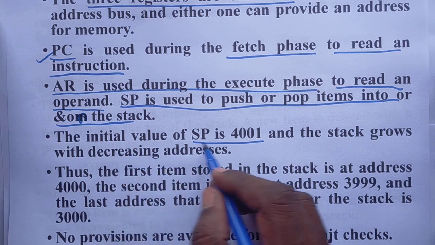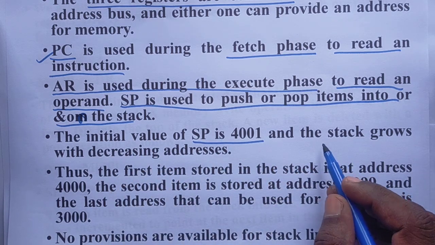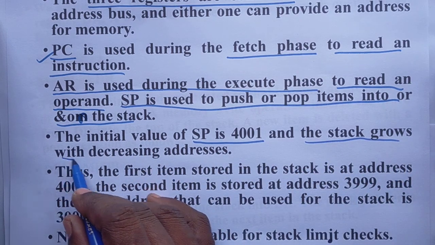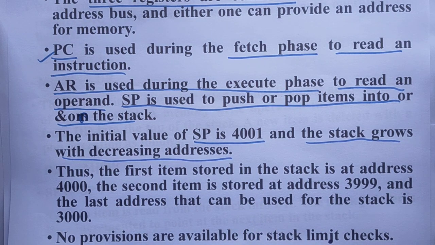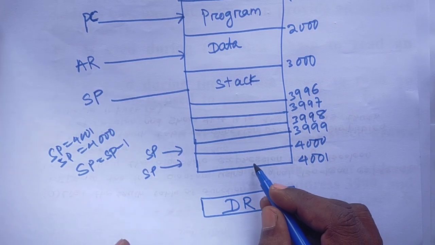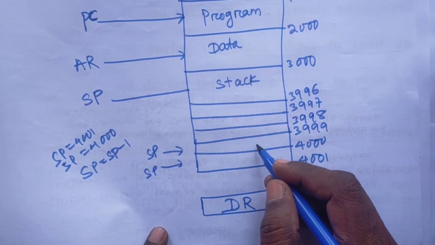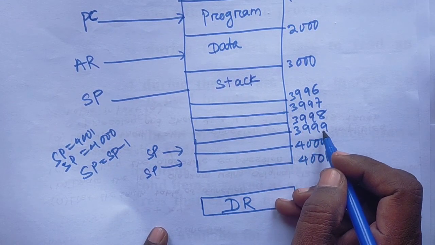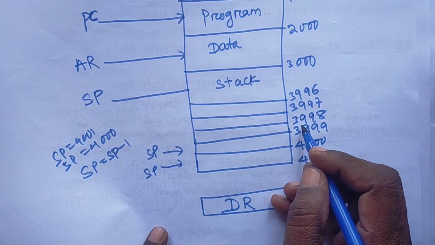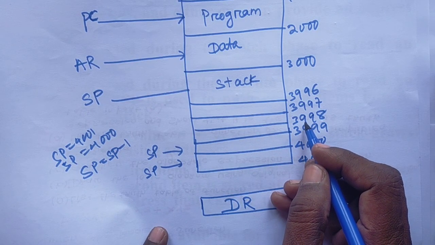Now we see that if the initial value is 4001, the stack grows with decreasing addresses, no problem. The first item stored in the stack is at address 4000, the second item similarly at 3999, and the next at 3998.